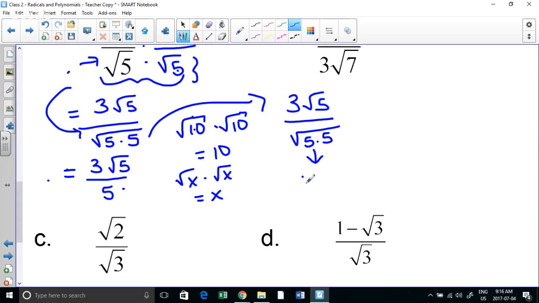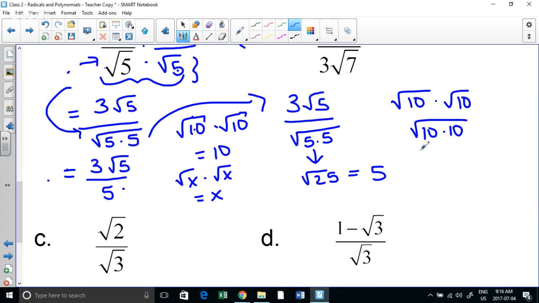Look at this. As I have the root of 25, well, what is the root of 25? Root of 25 is just 5. Here, it's the same principle. If I have the root of 10 times the root of 10, this is the root of 10 times 10, root of 100, which is just 10.